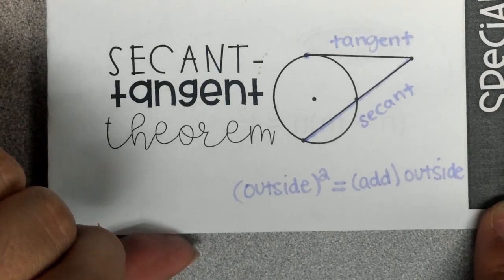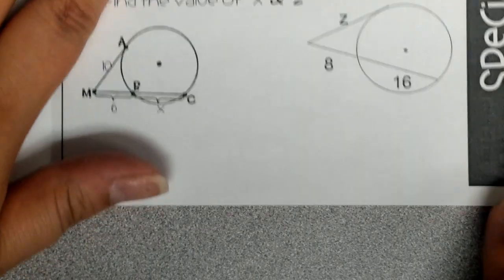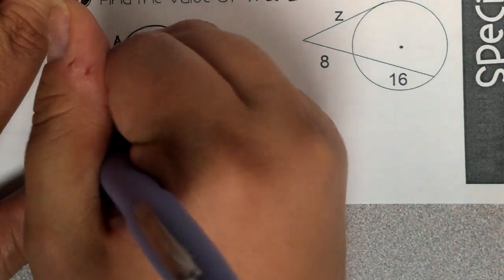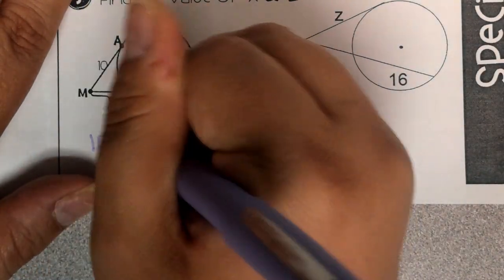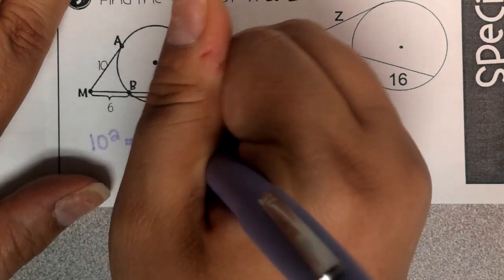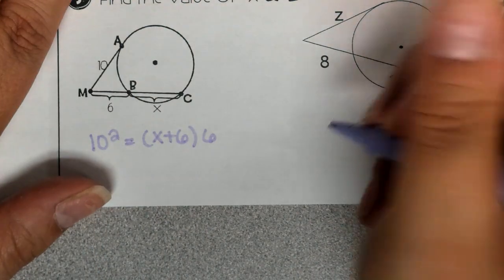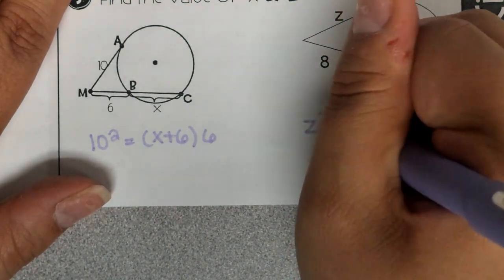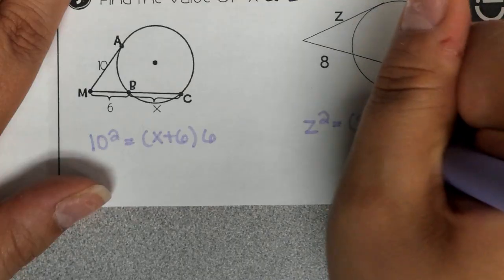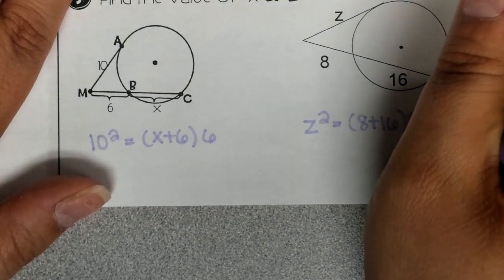This is just with the homework? Yeah, this is it. Your tangent squared, add them together, multiply by the outside. Tangent squared, add them together, multiply by the outside.